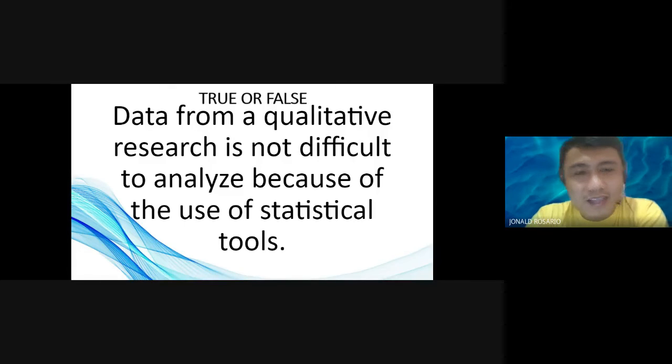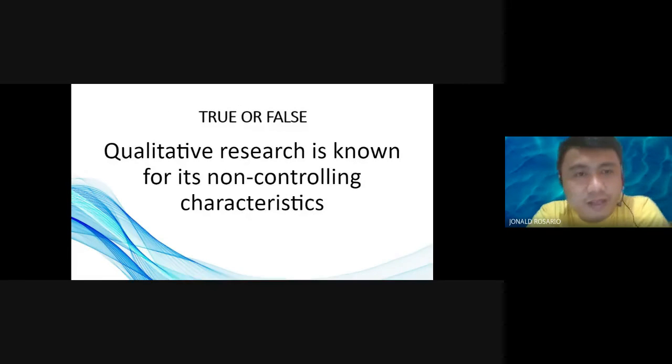What is that, Joanna? Is that a characteristic, strength, or weakness? Weakness. Very good. So that's one of the weaknesses of a qualitative research. Okay. Thank you for that.